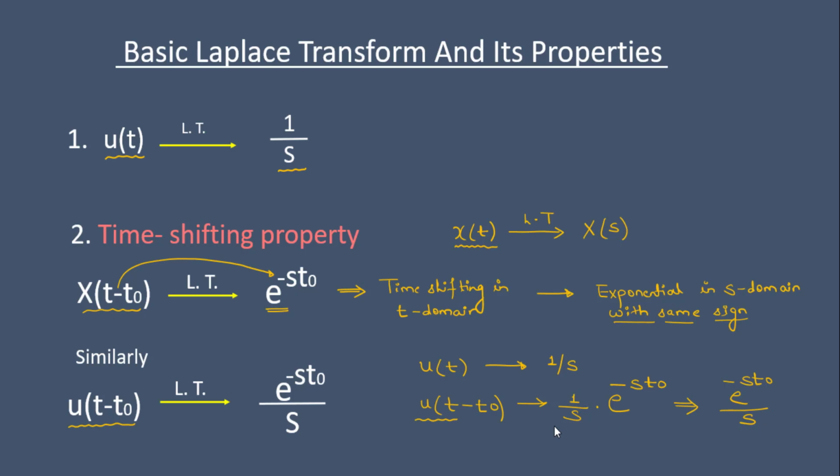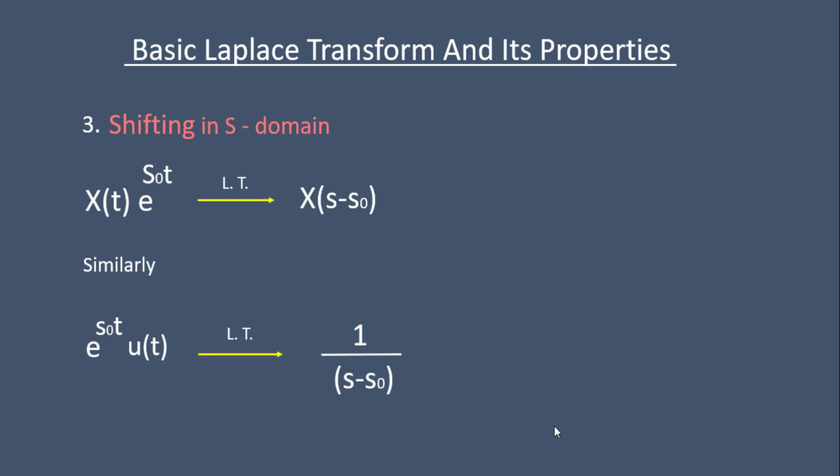So let us now go to the third property, and it is called shifting in S domain. Again, you can consider a signal x of t in the time domain, and the Laplace transform of x of t is x of s. Now if you multiply the signal x of t with an exponential e raised to s naught t, then we get x of s minus s naught.